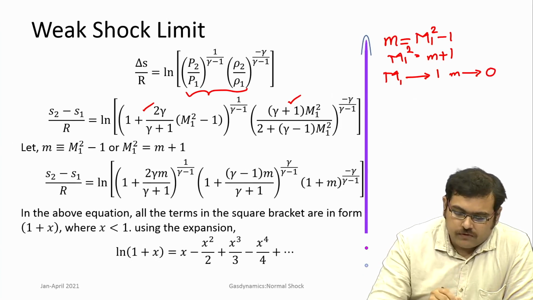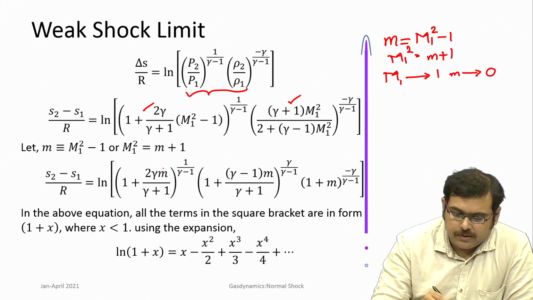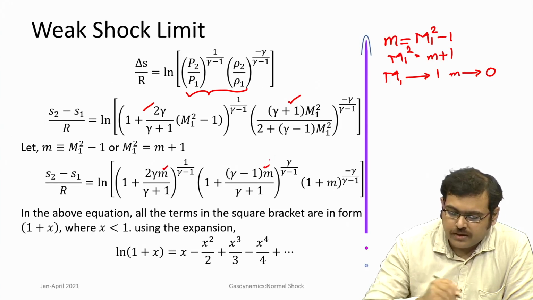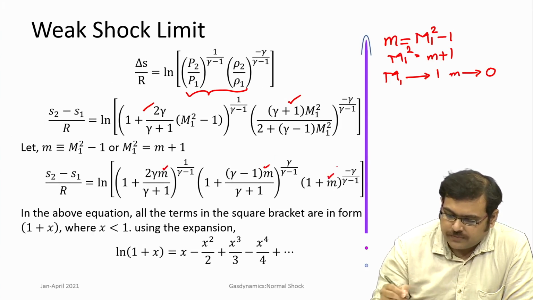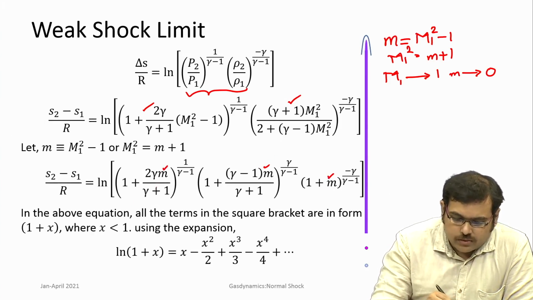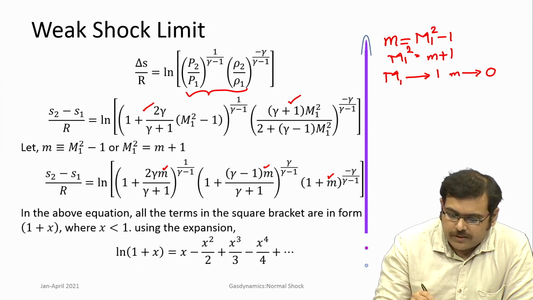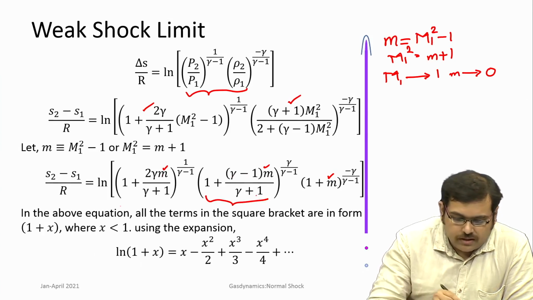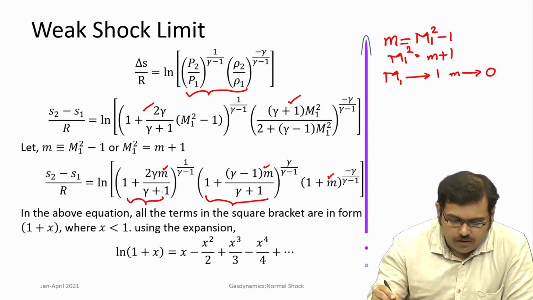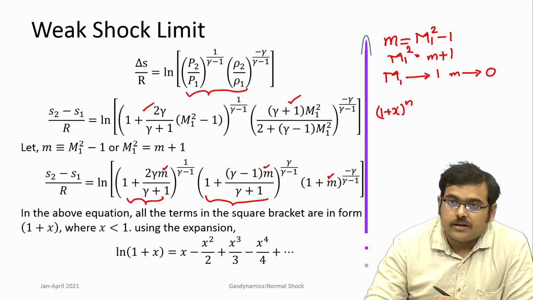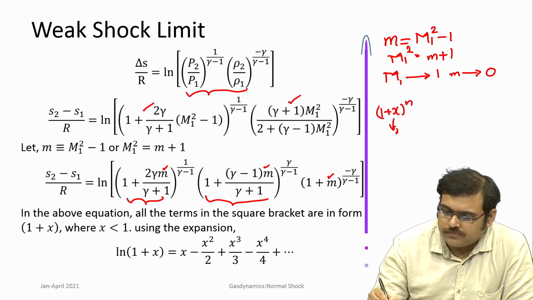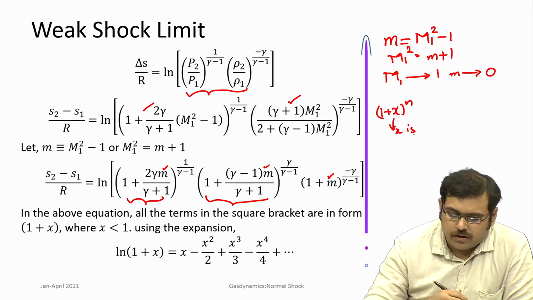If you now express the equation in terms of m as it is done over here, then you find that these terms, 1 plus 2 gamma by gamma plus 1 m, or gamma minus 1 by gamma plus 1 m, are of the form 1 plus x whole power n, where x is small.